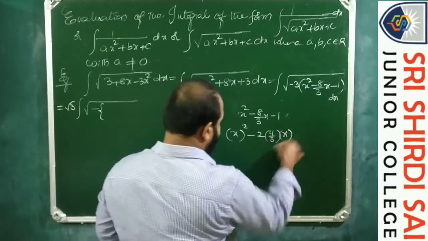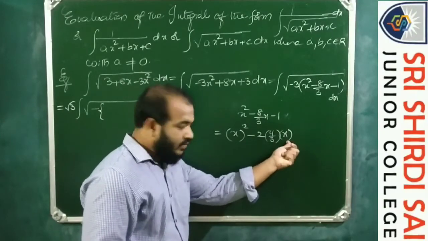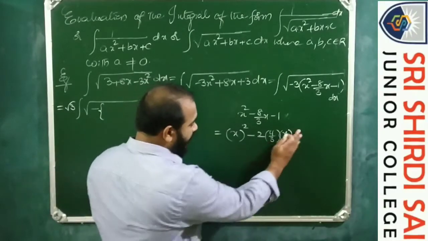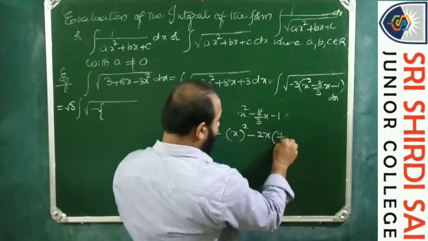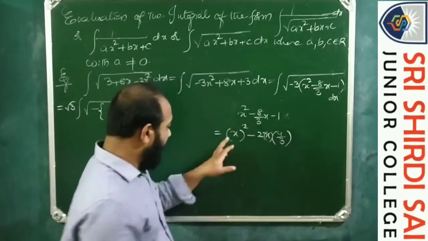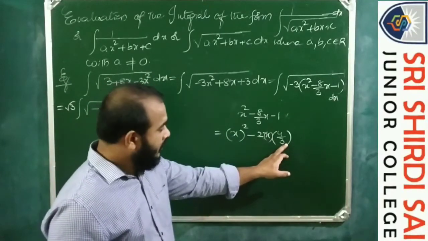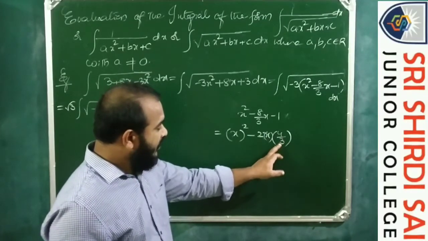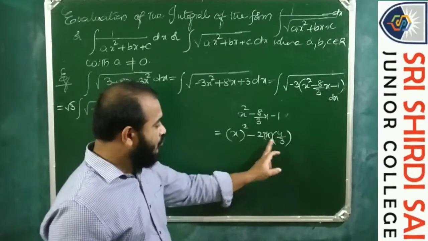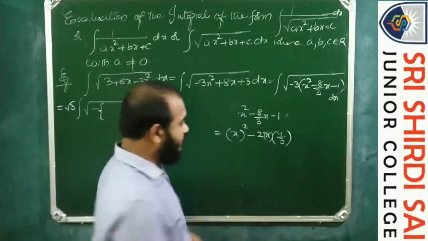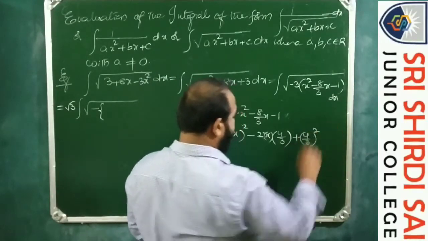Now this is a square minus 2ab, or 2ba, this is 2 into x into 4 by 3. To convert this into a square minus 2ab plus b square, what we require is plus 4 by 3 whole square.